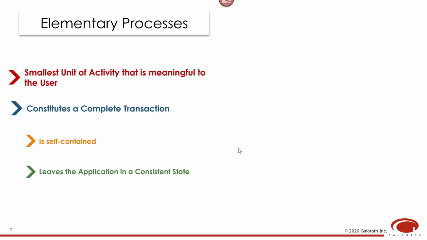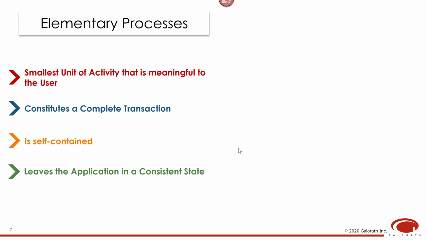In addition, an elementary process constitutes a complete transaction, meaning that no more processing is required before or after the elementary process has been completed. An elementary process is also self-contained. This means that all necessary steps, such as validations, calculations, and modifications, are included within the elementary process.